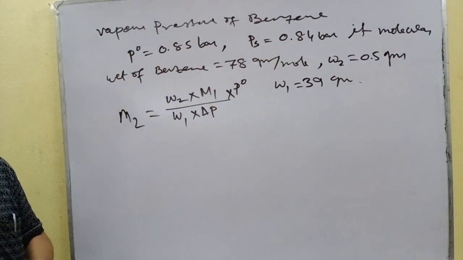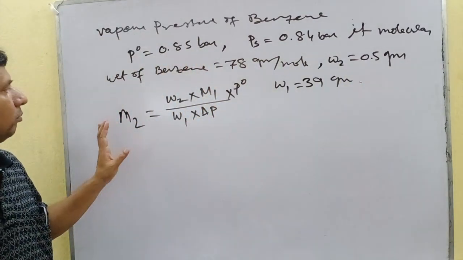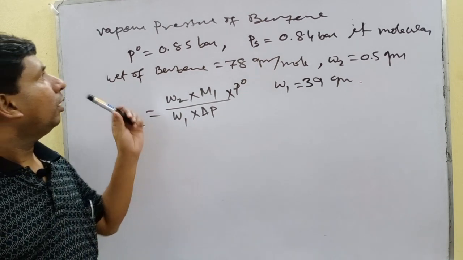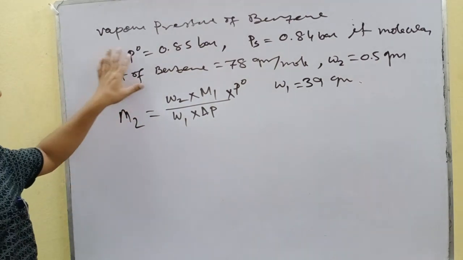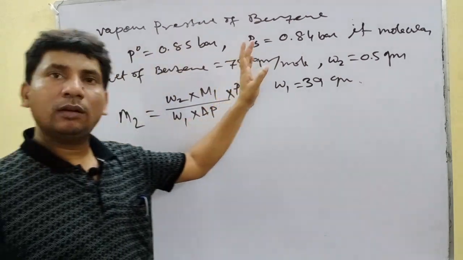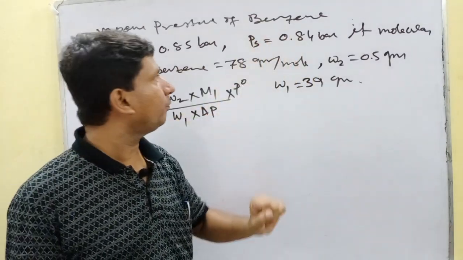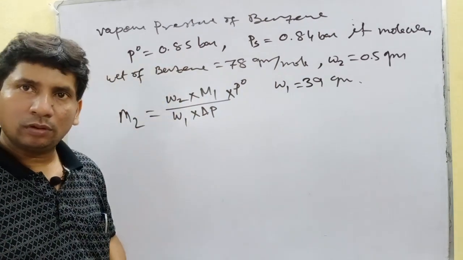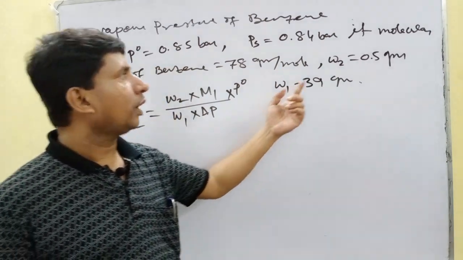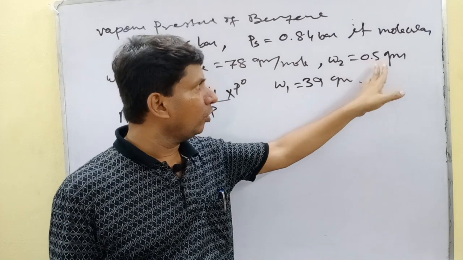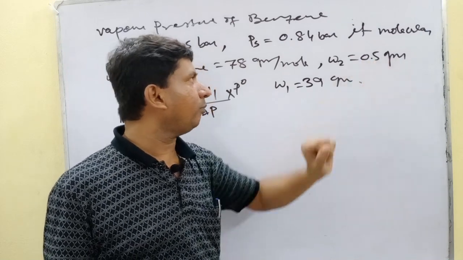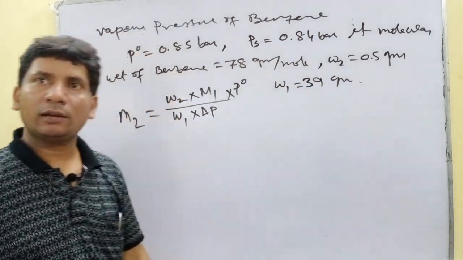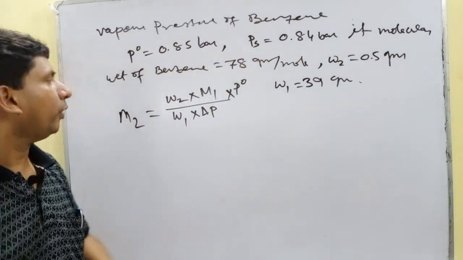Then what will be the molecular mass of the solute? For pure benzene the pressure is P0, and for the solution the pressure is PS. Benzene is the solvent, and 0.5 gram of solute is dissolved in 39 gram of solvent. Then what will be the molecular weight?